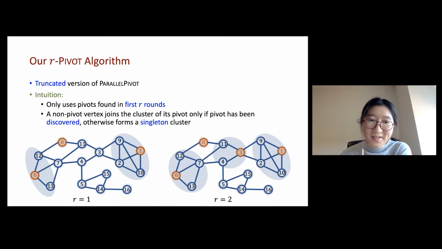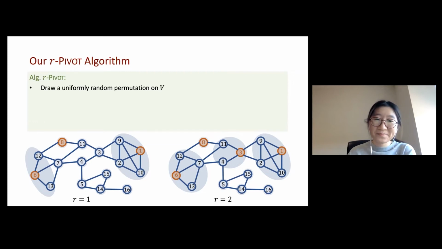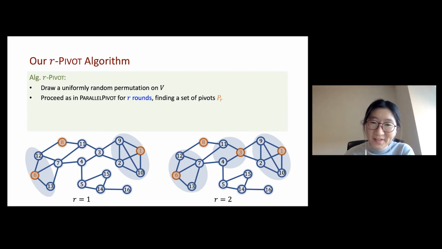So now let me formally describe our R-pivot algorithm. It works as follows. We first draw a uniformly random permutation on the vertices, and we proceed as in parallel pivot for R rounds, and we find a set of pivots.